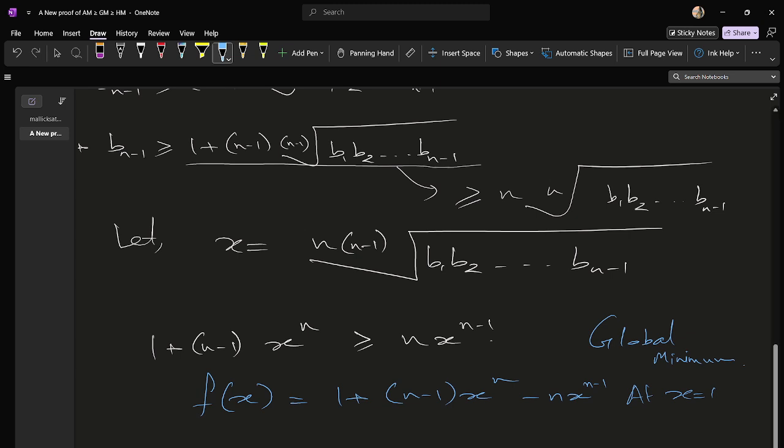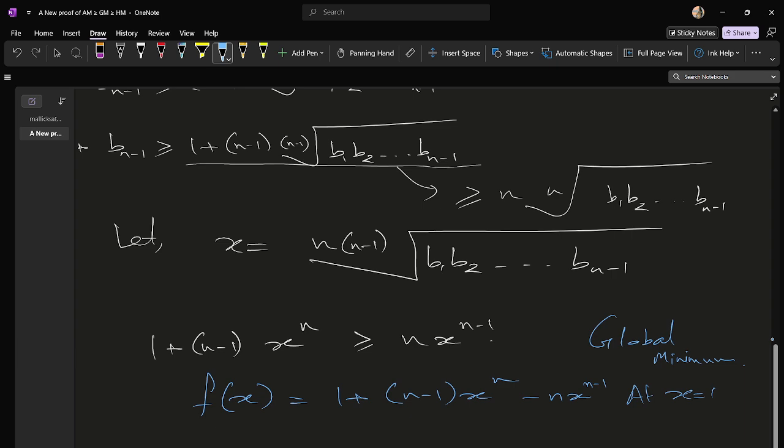When do we get a global minimum? If f(x) is greater than or equal to f(a) for all x belonging to the domain, then at x equals a, the point is a global minimum.